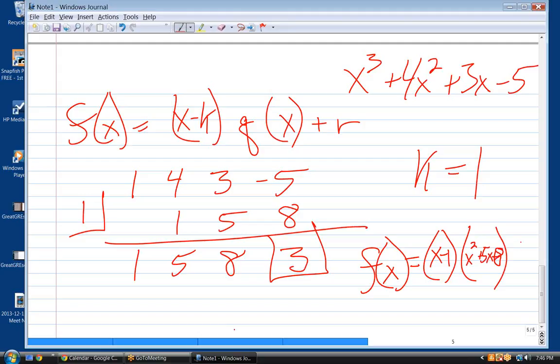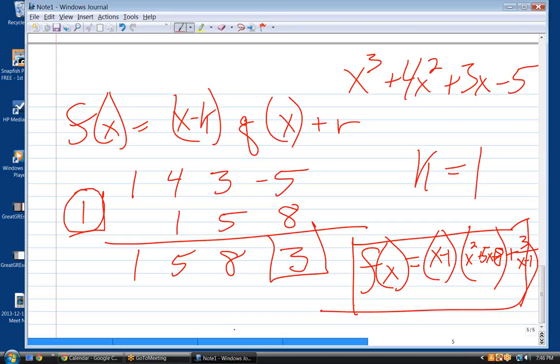And the remainder is written how? 3 over whatever you divide by, so 3 over x minus 1. In other words, it's important to know that when we synthetically divide by 1, it's the same as having a divisor of x minus that number. So this is what they're looking for, as a solution.